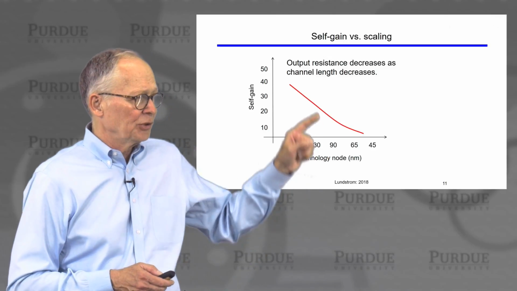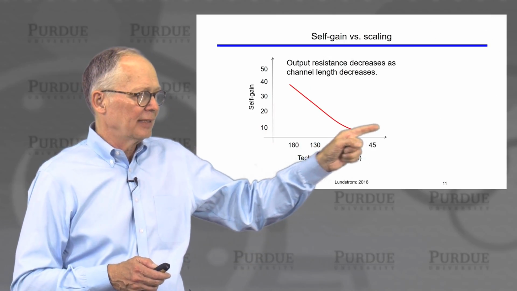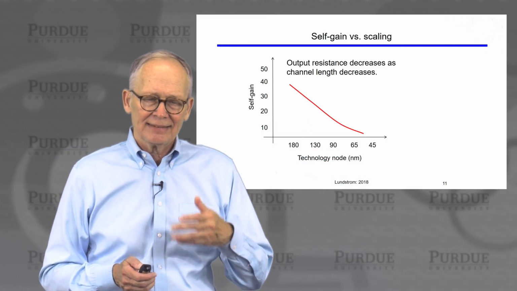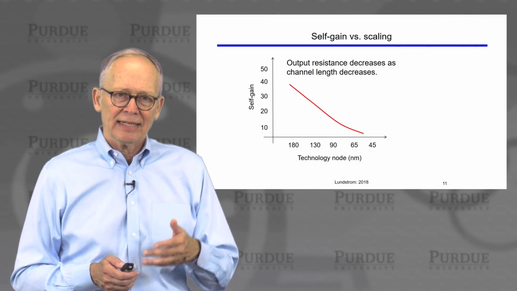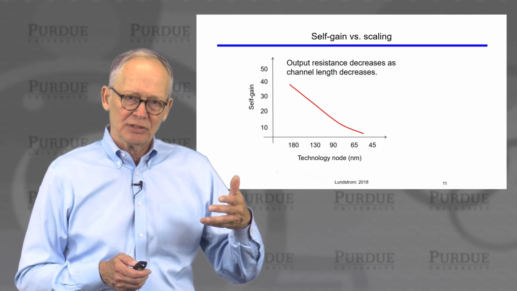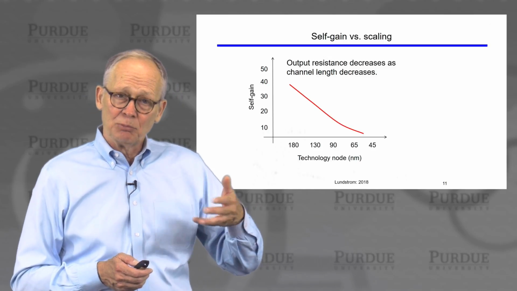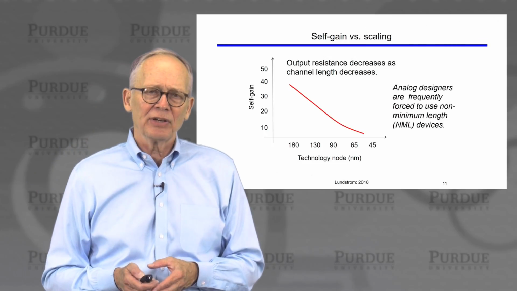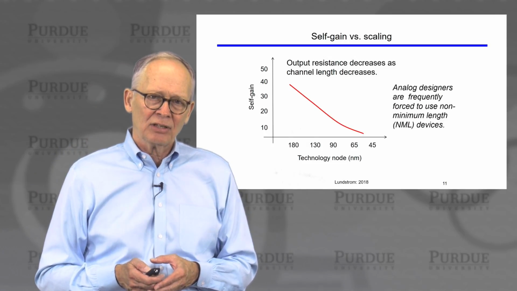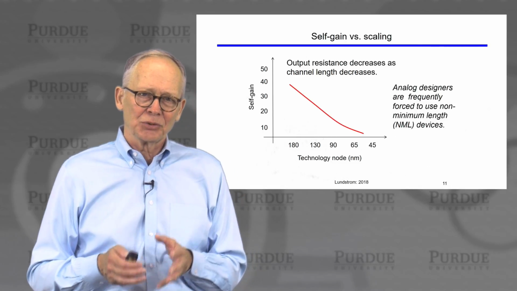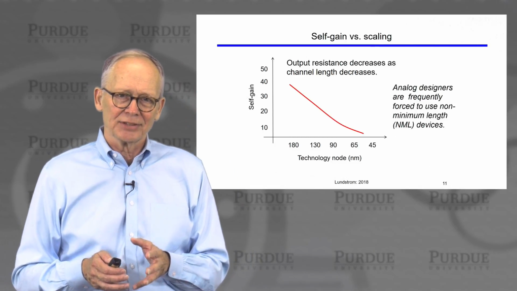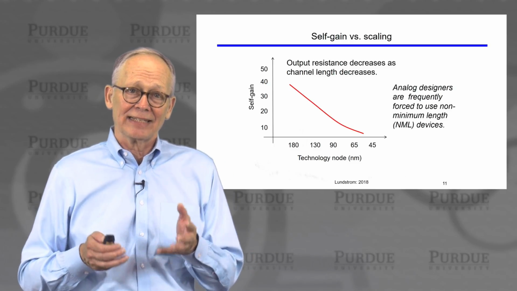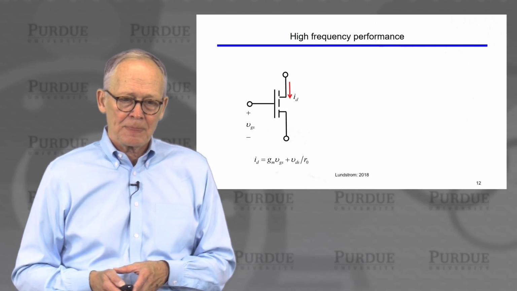You can see this if you plot the maximum self-gain versus technology generation: as the minimum channel length in the technology decreases, that was Moore's law scaling, the self-gain drops. So you will very often find analog designers not using the shortest gate length transistors possible, but using longer gate length transistors so that they can get higher self-gain.